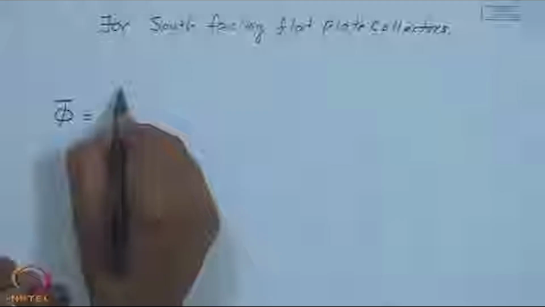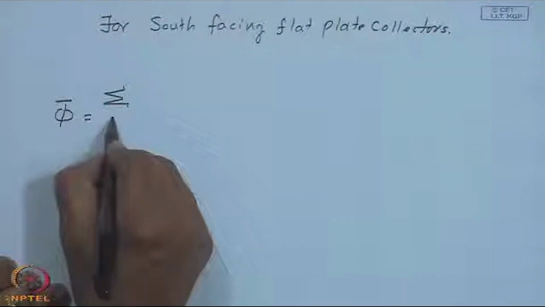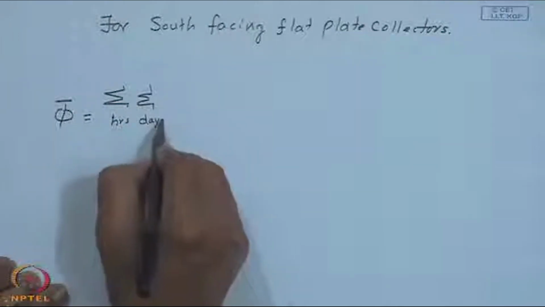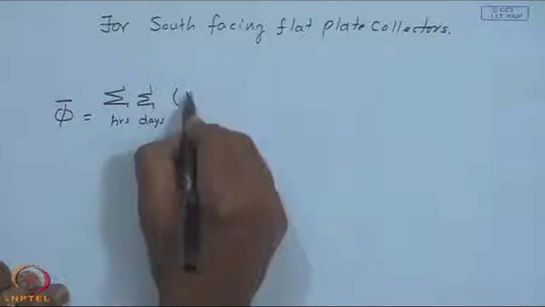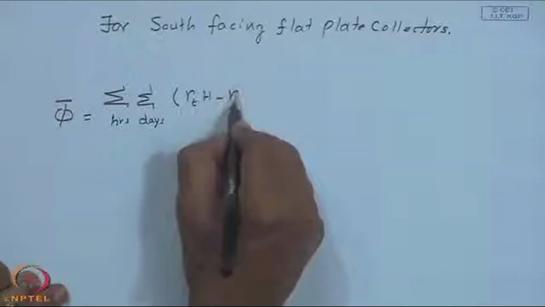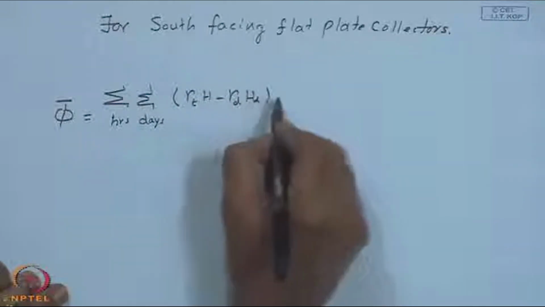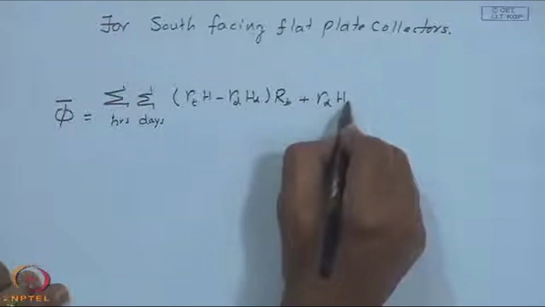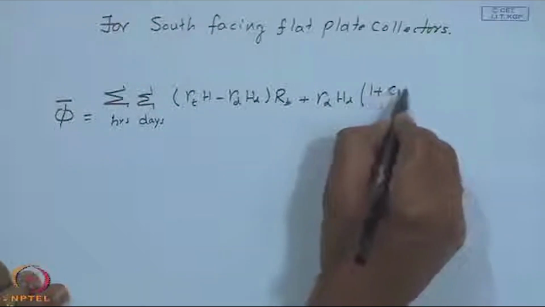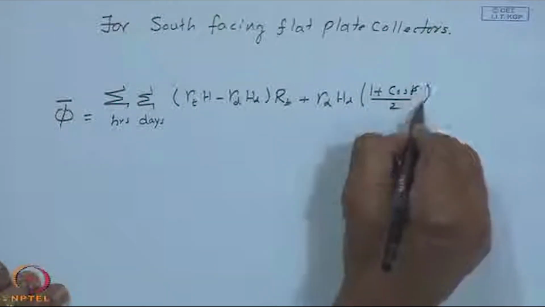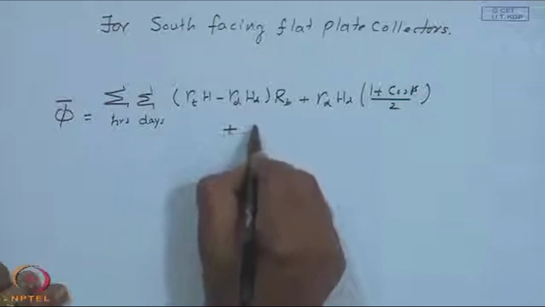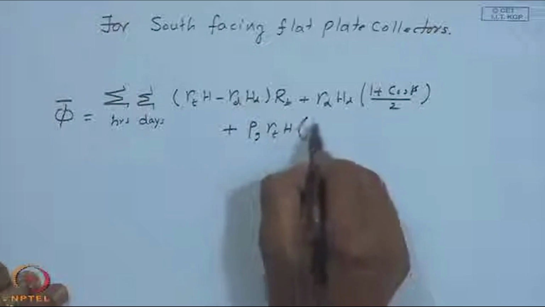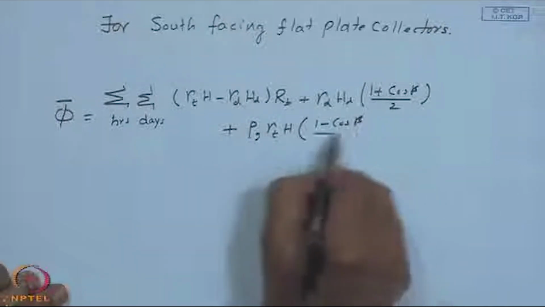However, I shall write it down here over hours, over days, R t into H minus R d into H d times R b plus R d H d times 1 plus cos beta by 2, then plus rho g R t into H into 1 minus cos beta by 2.